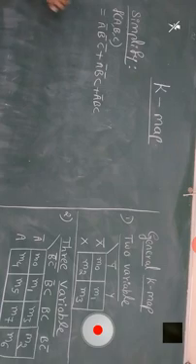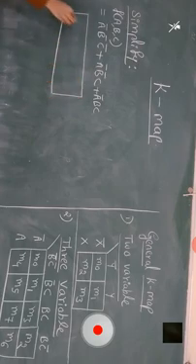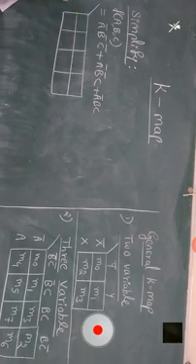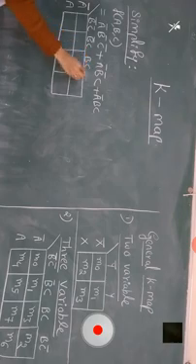So for that purpose, I will draw the general K map which consists of 8 squares. See here, totally 8 squares I am drawing. You have to mark the values here, that is A bar, A, then the variables B bar, C bar, B bar, C, BC and finally BC bar.